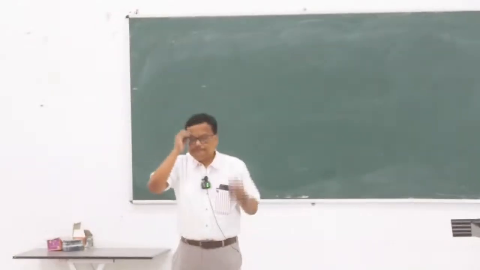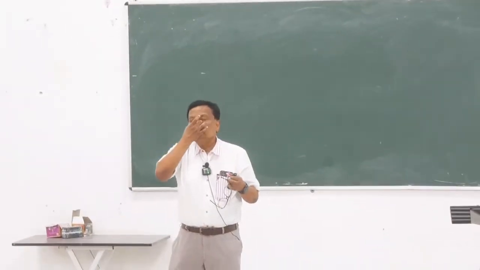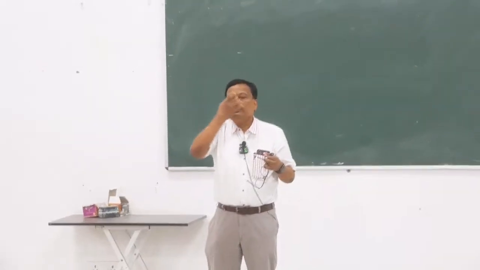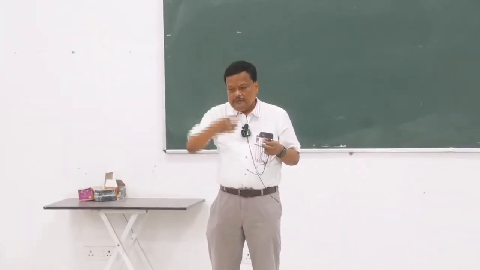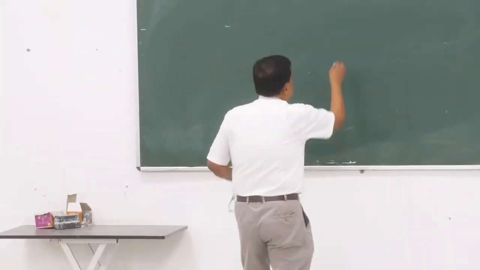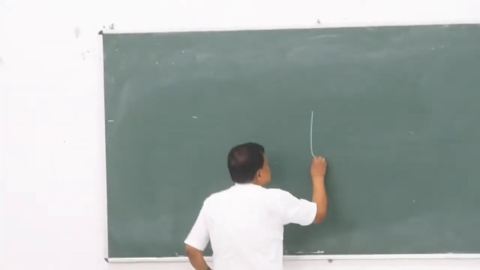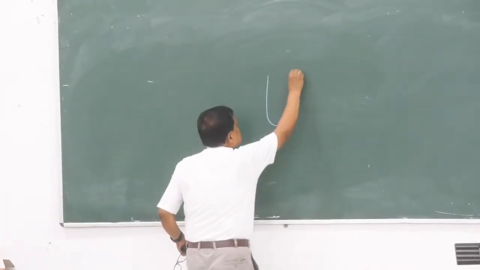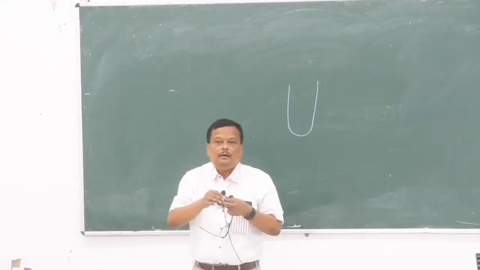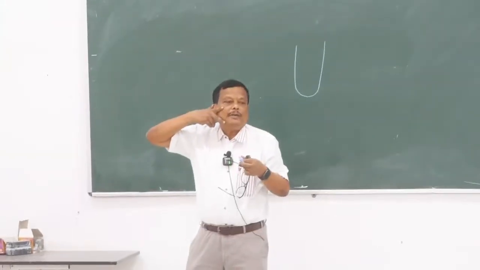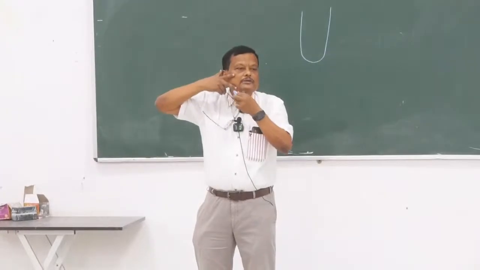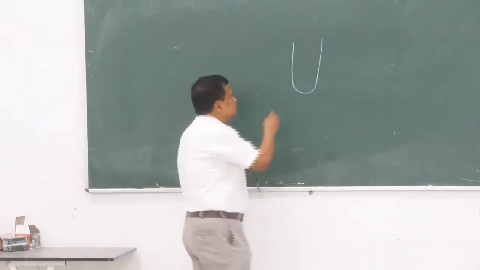One here, we call it the frontonasal process, a process coming in this vertical direction. And two here, one upper process called maxillary and the lower is the mandibular process.